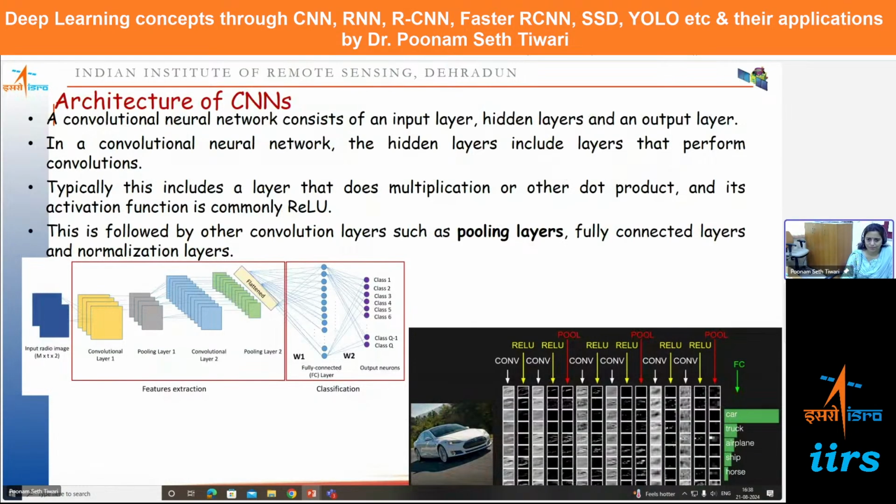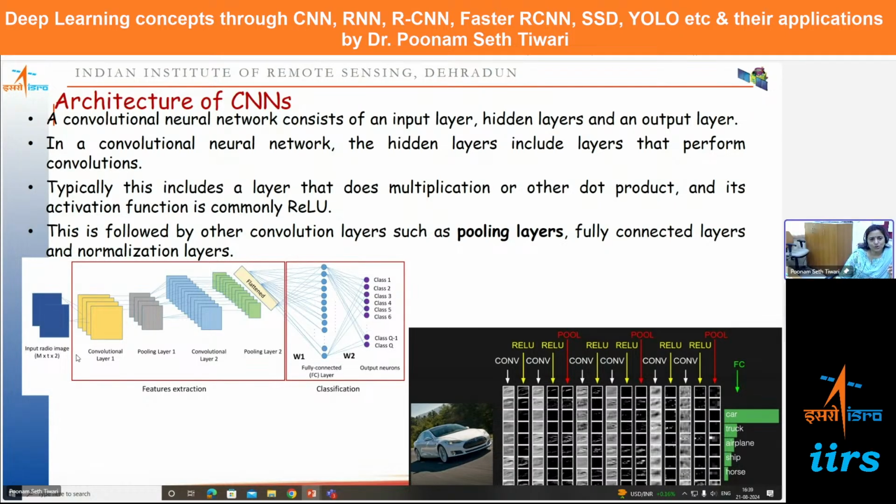Now, this was basically how it is done. In the CNN, the architecture is not very simple. It has a large number of layers because it is a deep neural network, so it has to be deep, meaning a large number of layers are there. The convolutional neural network consists of the input layer, where the input would be our image, and the output layer. The output layer is always the classes that we are going to identify.